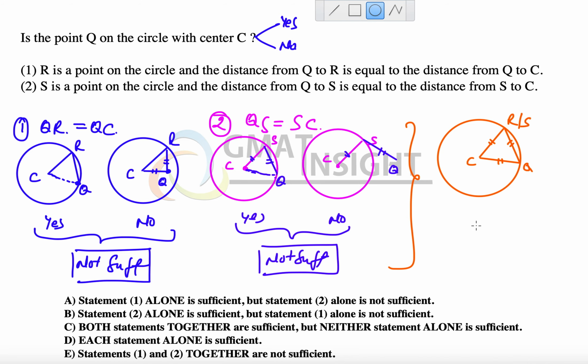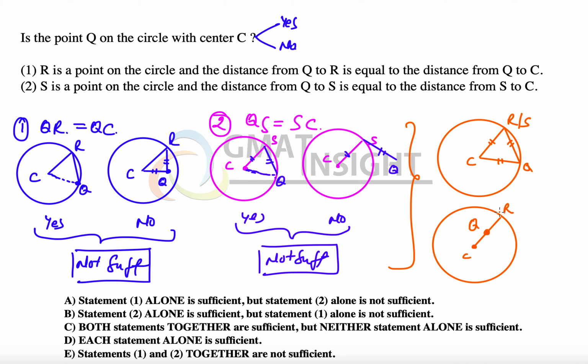Now let's try to draw another possibility, in which we take Q at some point away from the circumference. Let's take points C and R still at the same places. We have this point C here, this point R here, and now we can take a Q point somewhere at this place. Now let us see what happens.